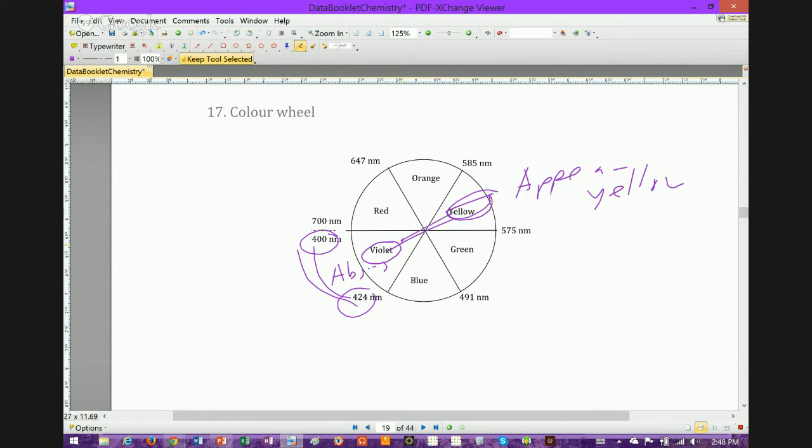If it absorbs yellow light, it'll appear violet. If it absorbs light somewhere here between 650 and 700, it will appear, that's crazy, it will appear green. This particular app that I'm using is hard to write on. So you got to be able to use this color wheel, Rahul, to answer your question there in terms of the colors of those complex ions.